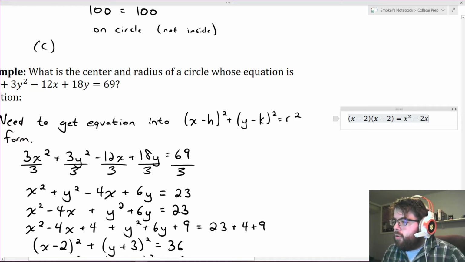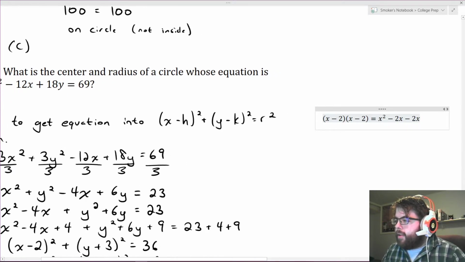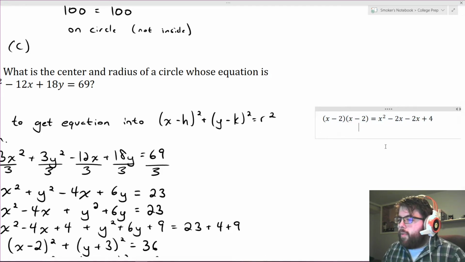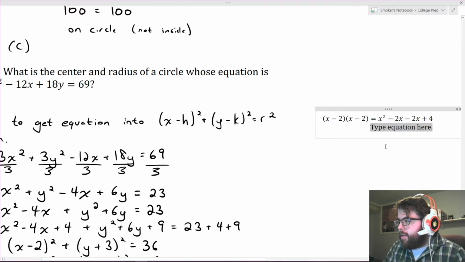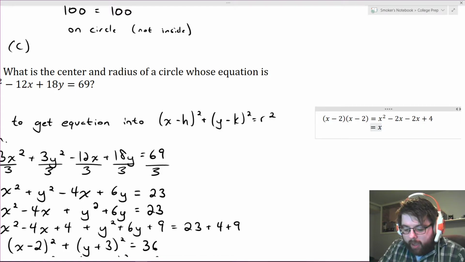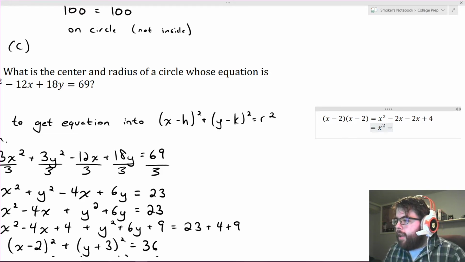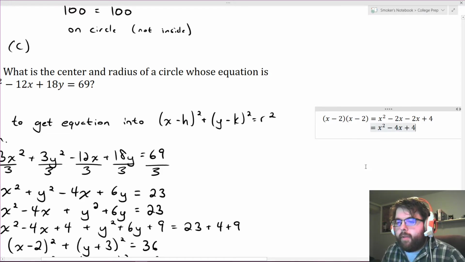Inner is negative 2 times x, or negative 2x. And then last would be negative 2 times negative 2, which would be a positive 4. So the next line would be x squared minus 4x plus 4.